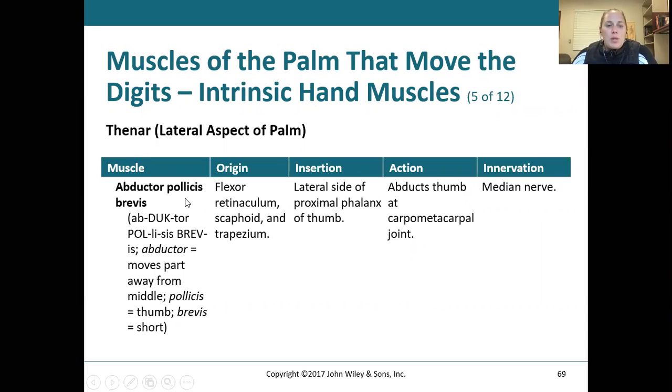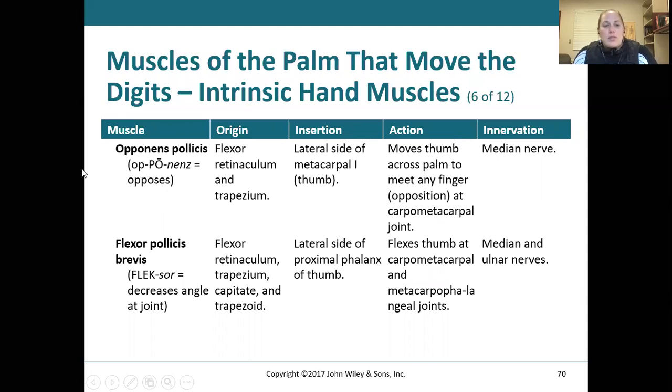So you have the abductor pollicis brevis: its action is to abduct the thumb at the carpometacarpal joint, and its innervation is the median nerve. Opponens pollicis moves the thumb across the palm to meet any finger in opposition at the carpometacarpal joint. Flexor pollicis brevis flexes the thumb at the carpometacarpal and metacarpophalangeal joints.